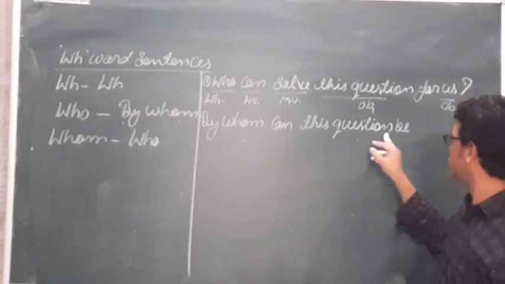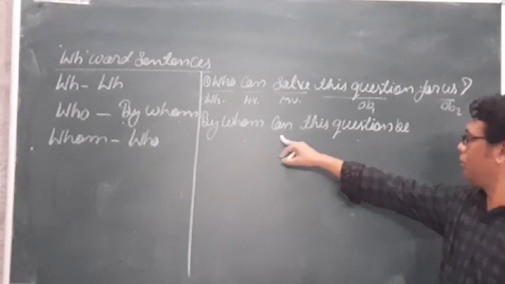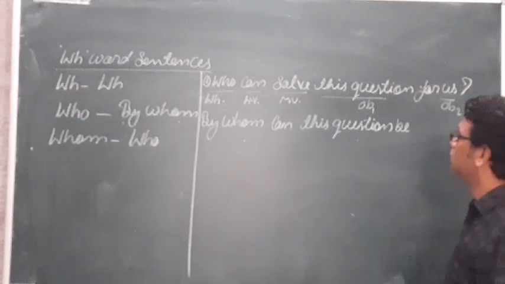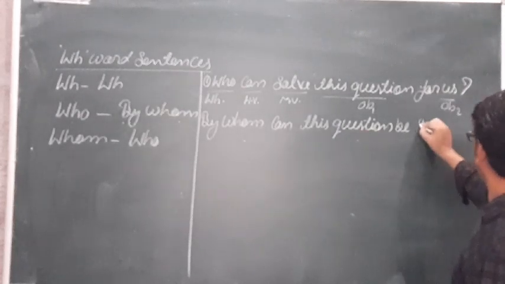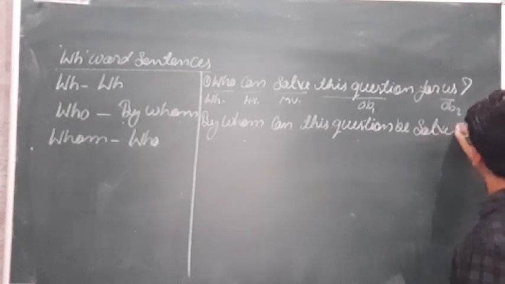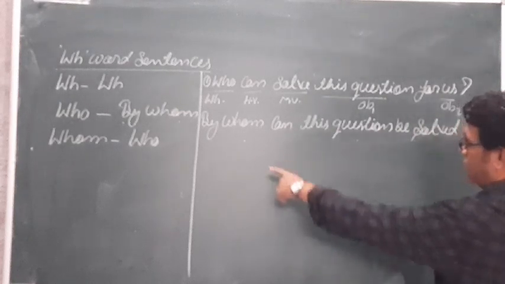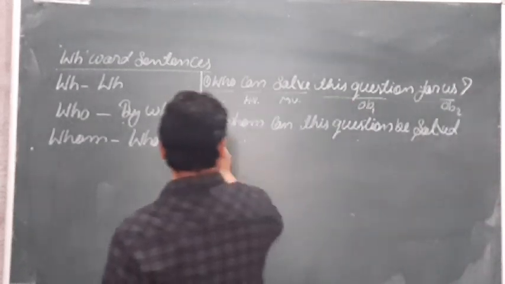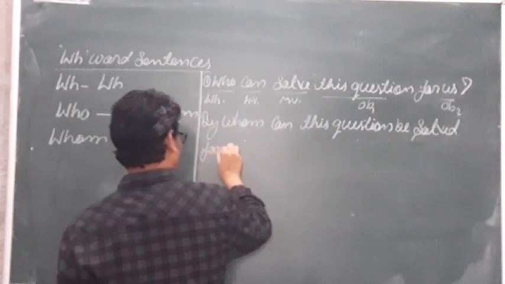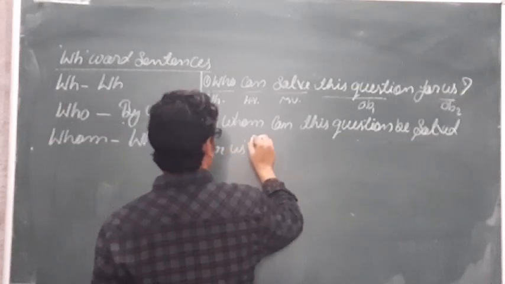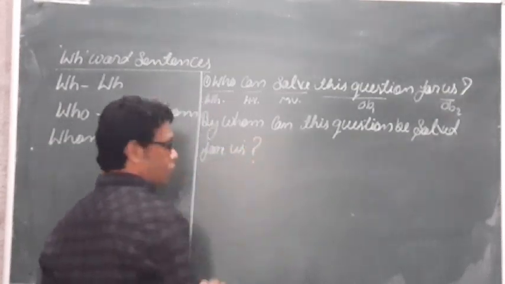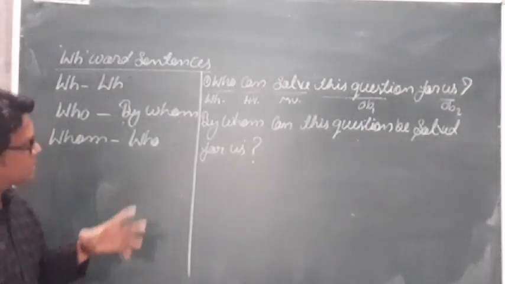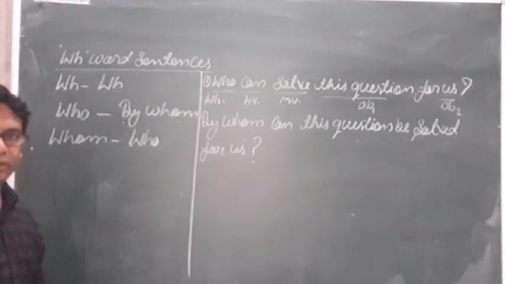By whom can this question be? Same. We separated both parts. Now the third form of the verb, solve. By whom can this question be solved for us? And question mark. Understand? So this is how we will change the tense.